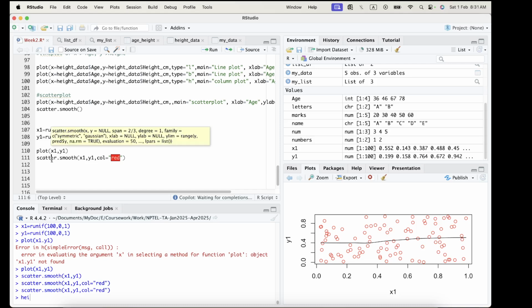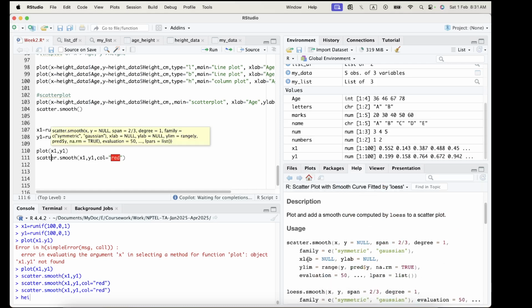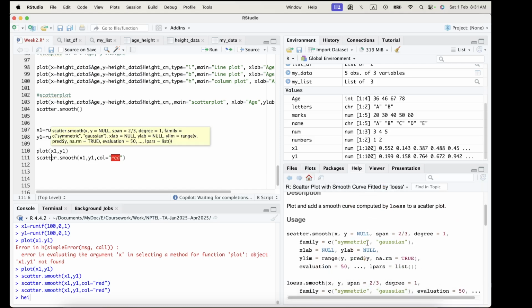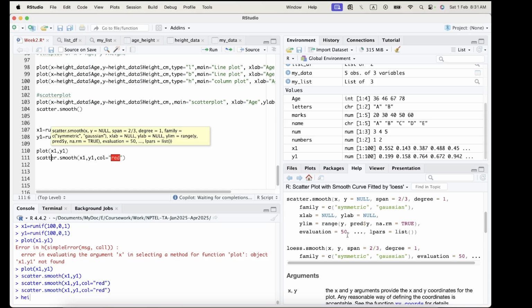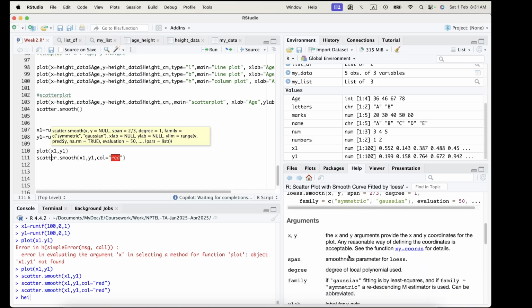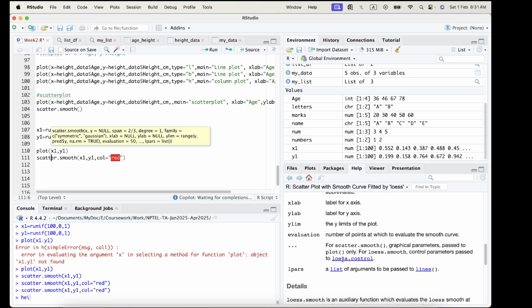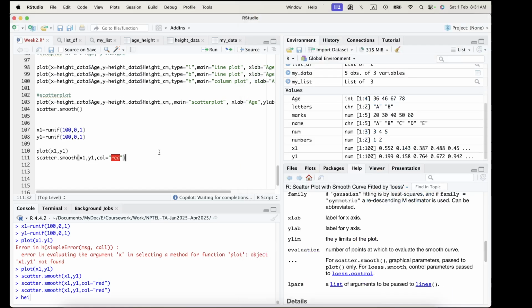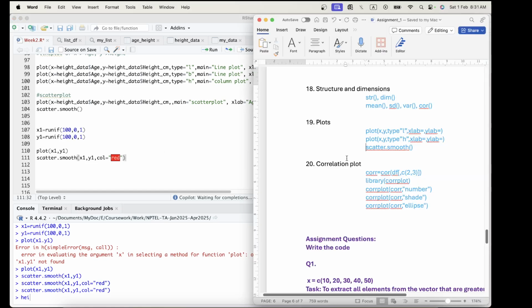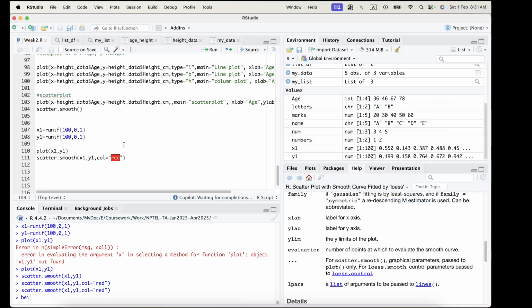I could just look up all the other parameters, xlab, ylab, and just plug them in. Alright, so this was a little bit about plots.